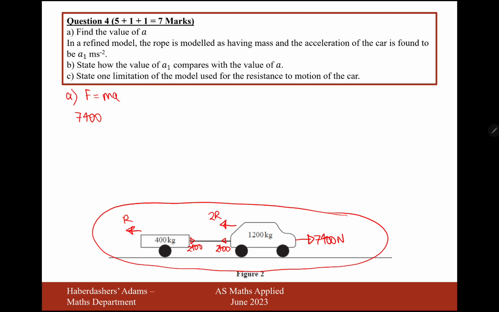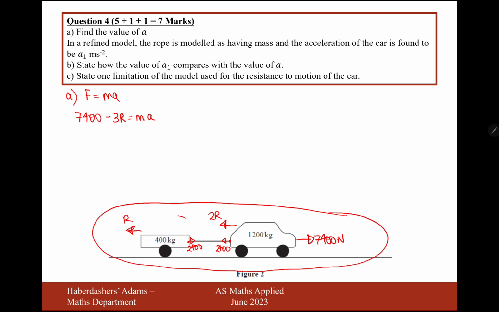The connection point to the trailer would be pulling 2,400 forwards, and the connection point to the car will be pulling it backwards by 2,400. So we don't need to write that in our equation, but we've got 3 lots of these resistances. So minus 3r equals mass times acceleration. Okay, so that is equation number 1.